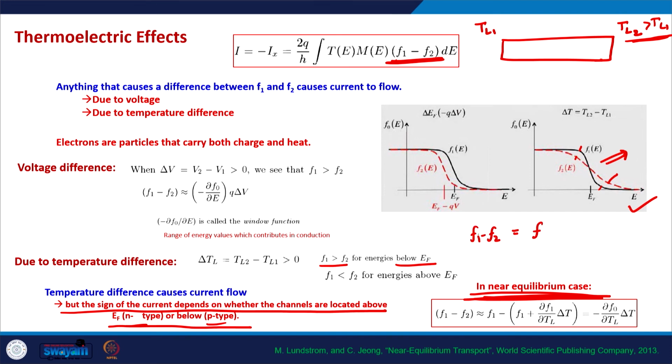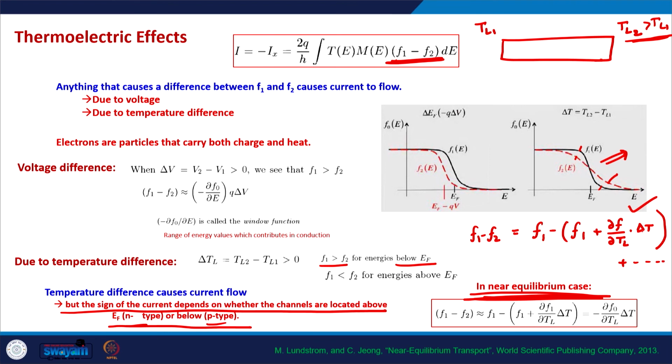can be written as F1 as it is, and F2 can be approximated by the Taylor series expansion around F1. So, this can be del F by del TL times delta T. Delta T is TL2 minus TL1, and higher order terms can be ignored because this delta T is small.